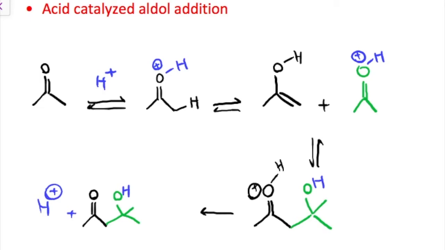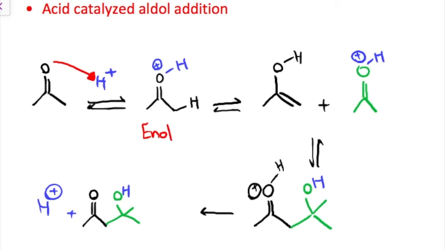So we're going to talk about using a ketone in this case. You can see that the reaction can be done using a ketone as well. Because we're under acidic conditions, the oxygen gets protonated, and this forms the enol.